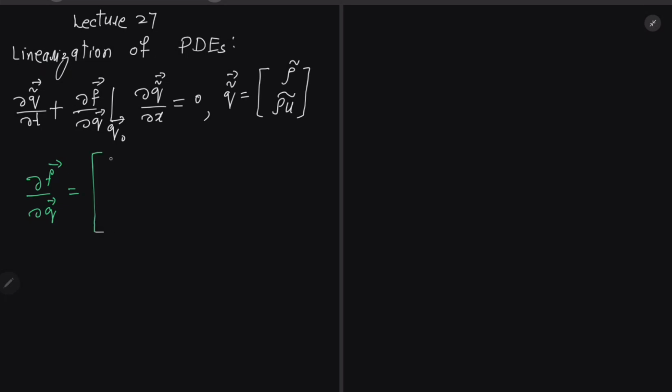that will be equal to, maybe I should write it like this: partial f1 by partial q1, partial f1 by partial q2, and then we have partial f2 by partial q1 and partial f2 by partial q2.